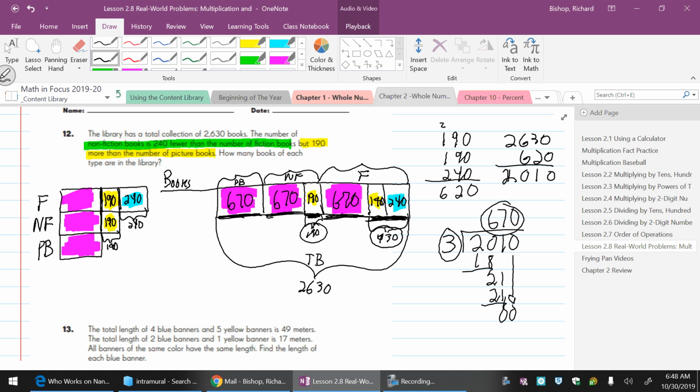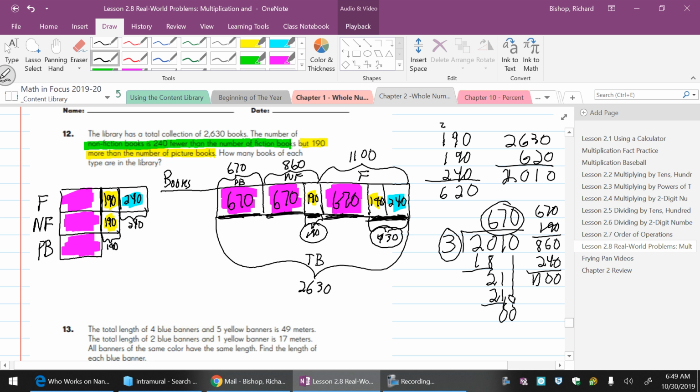Okay. So, how many picture books do I have? It's right here, 670. How many nonfiction books? 670 plus the 190 is 860. Well, then I took that and I added on another 240 to get my fiction books. 1,100 fiction books.